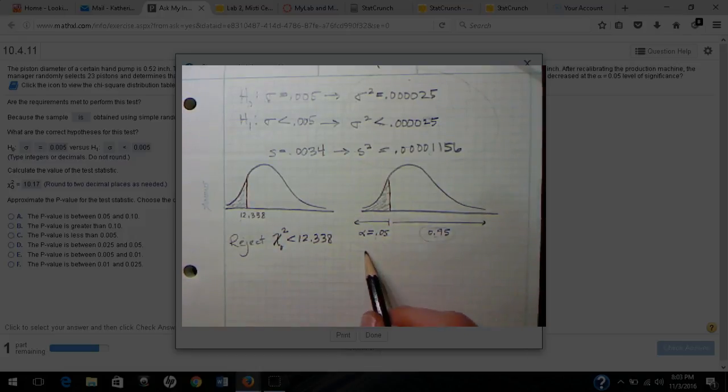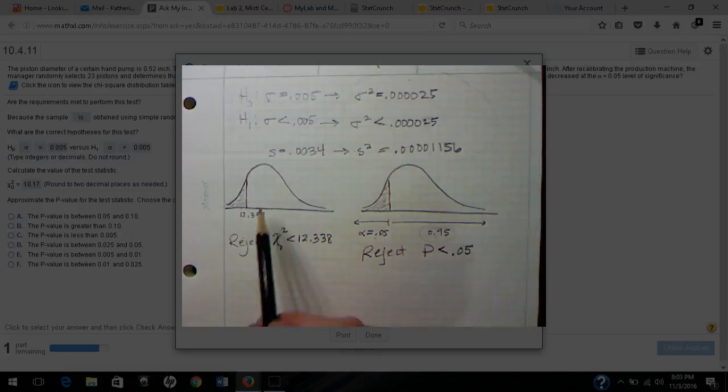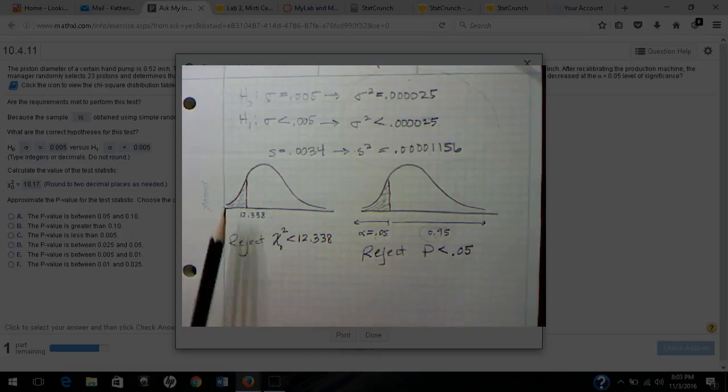And here we reject if P is less than 0.05. So what this indicates on the chi-square scale is if the test statistic is less than the critical value, we're in the rejection region.